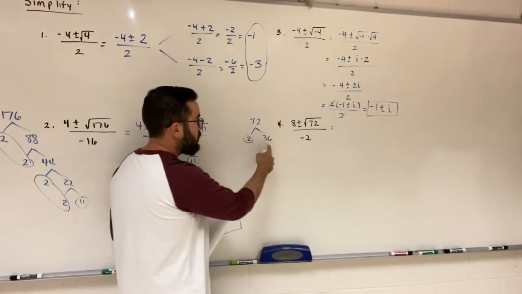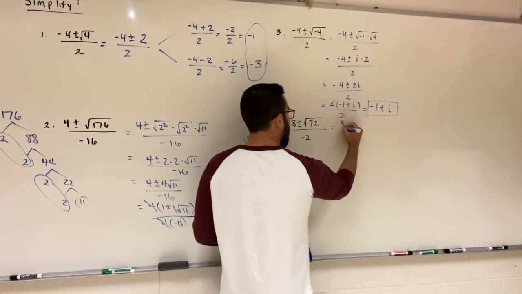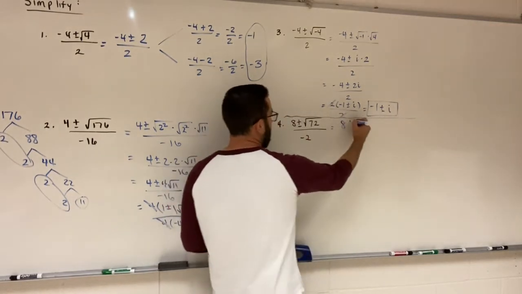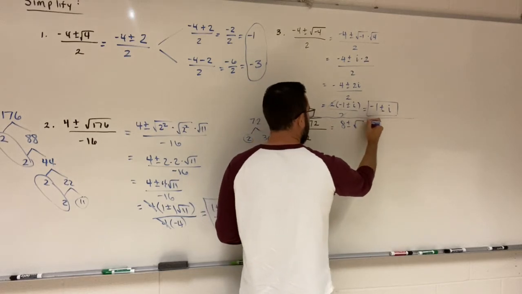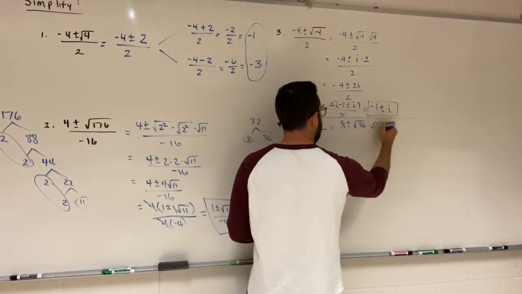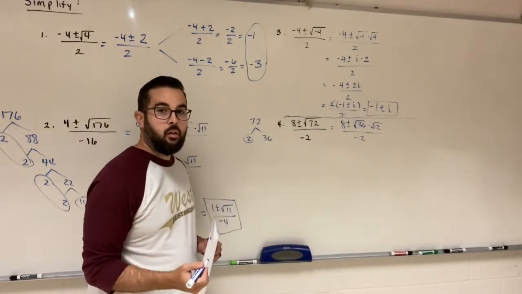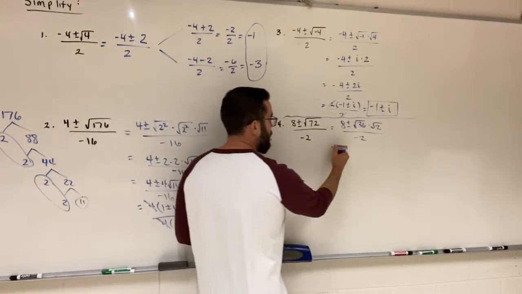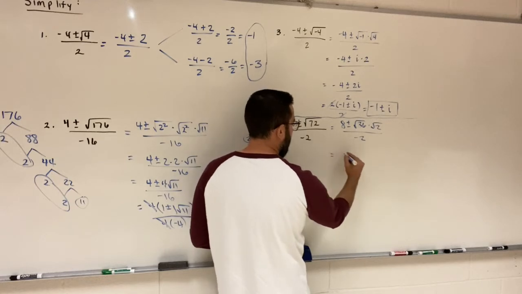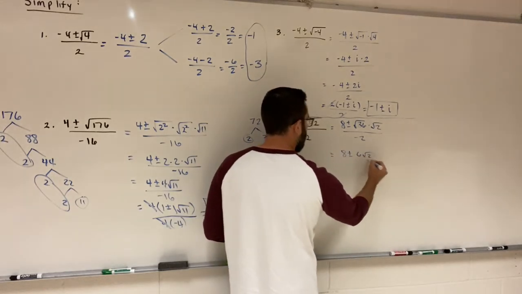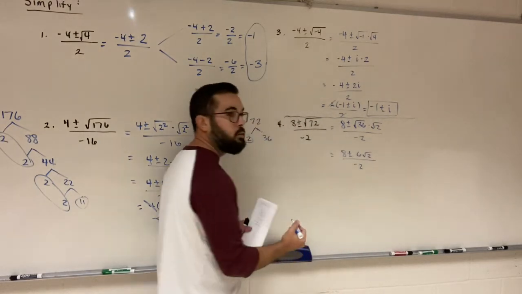Okay? So this is a new problem. We're going to have 8 plus or minus the square root of 36 times the square root of 2 over negative 2. All right, so then that's equal to 8 plus or minus 6 square roots of 2 over negative 2.